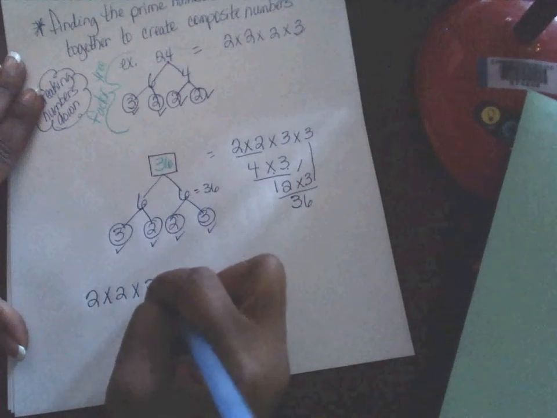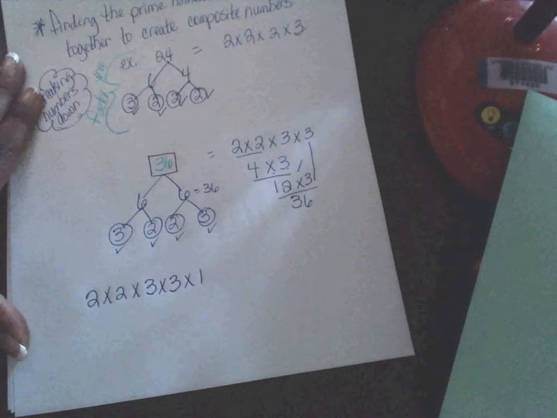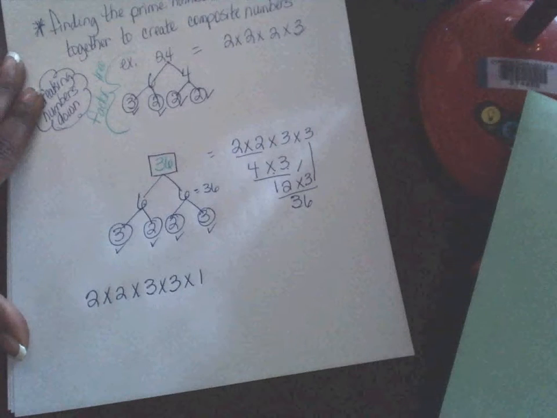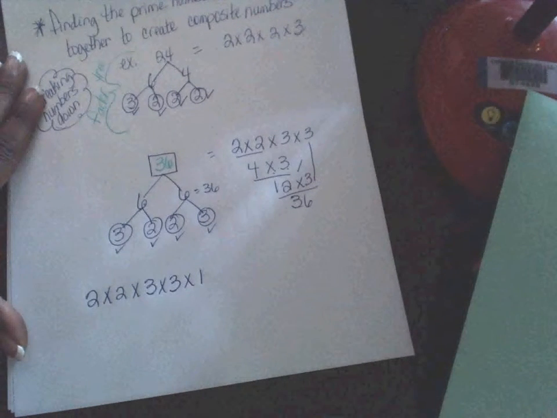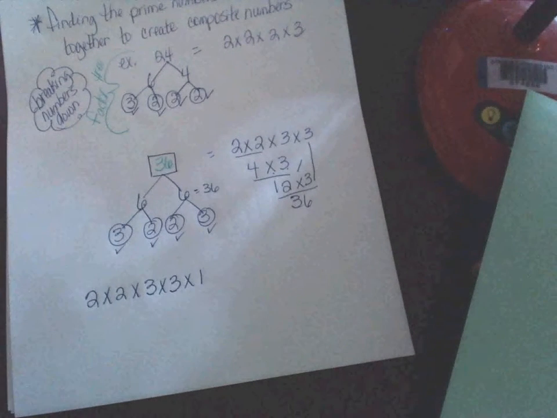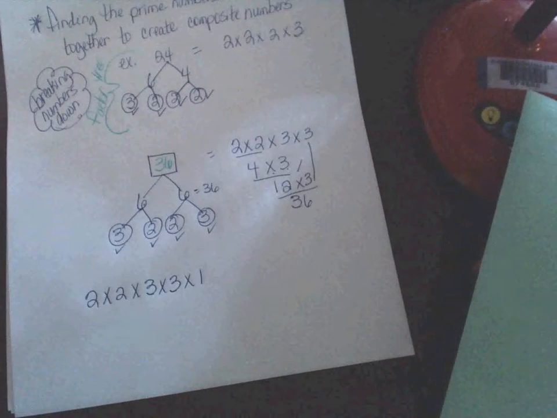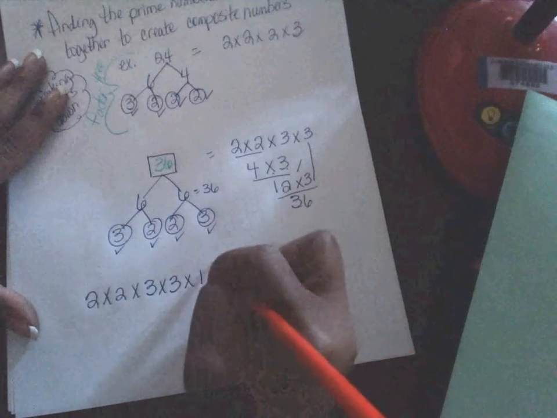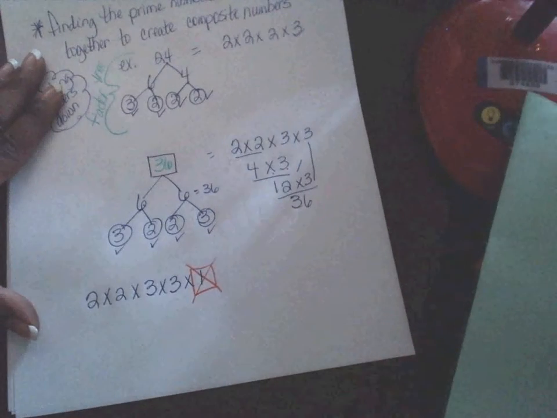2 times 2 times 3 times 3 times 1. Can this be prime factorization? No. Why not? What is special? 1 is special. So make sure you write that, and then I'm going to put a box around the 1 and a big X over it.